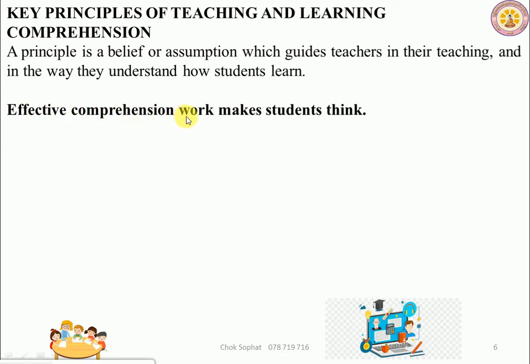Effective comprehension work makes students think. So if the comprehension work is effective, it will make students think, to involve in the task, to take part in the reading task or listening task.